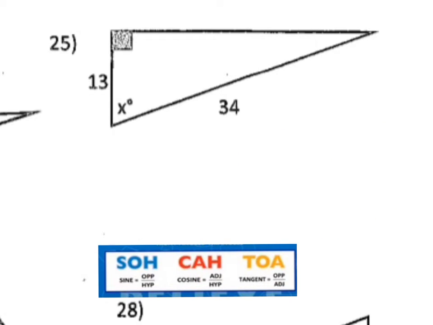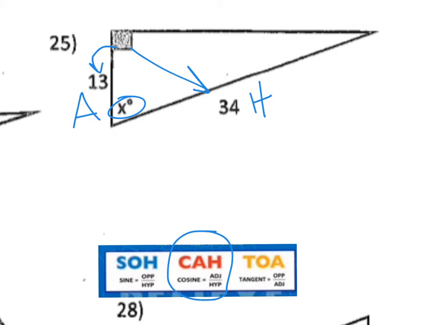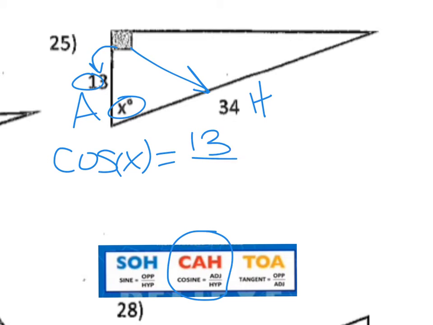Alright, so let's label our triangle so we can find the missing angle. Here's our missing angle, and I see that I have a hypotenuse, and I see that I have an adjacent. So again, I have A over H, so I know that this is the formula that I will be plugging into. So I'm going to say the cosine of x is equal to A over H, A being 13, and H being 34.